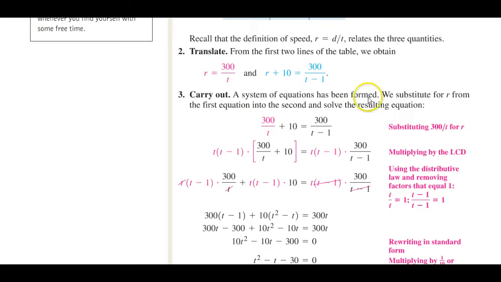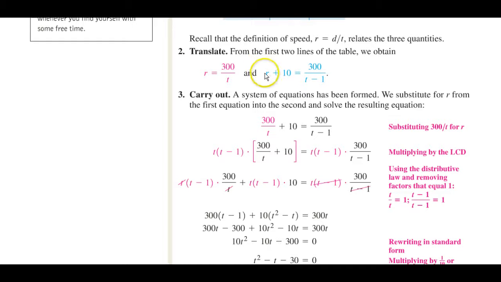So to carry out, we substitute from r from our first equation and solve the resulting equation. Well, we know that r is 300 over t, so there's our r there.